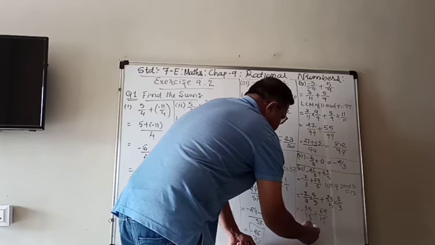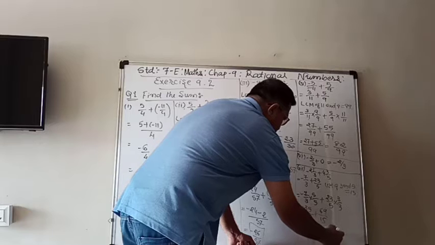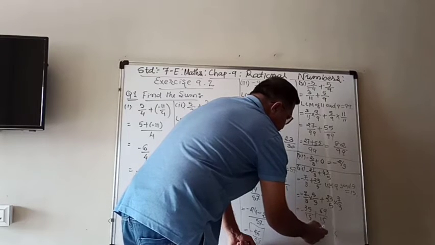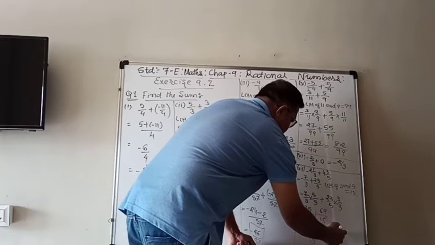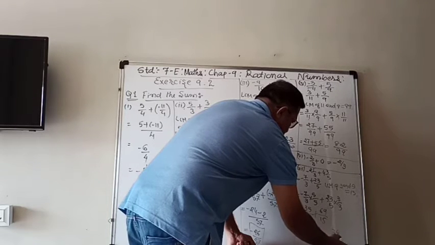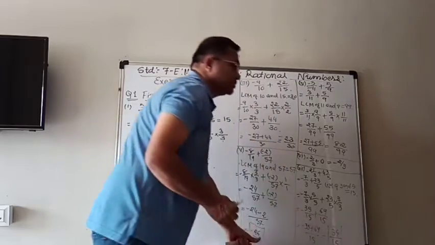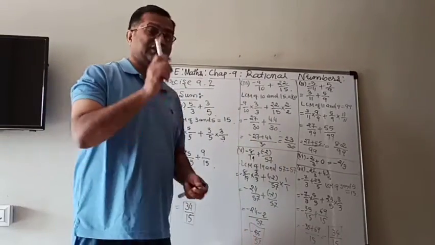So that is minus 35 plus 69 upon 15. So 9 minus 5 is 4, 6 minus 3 is 3. So 34 upon 15. That is the final answer like this.